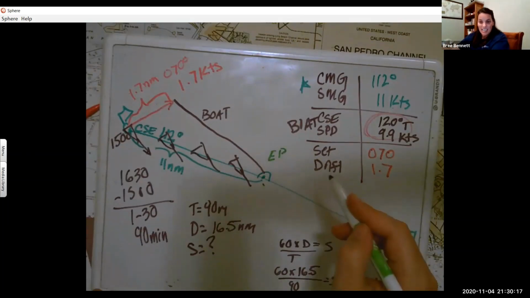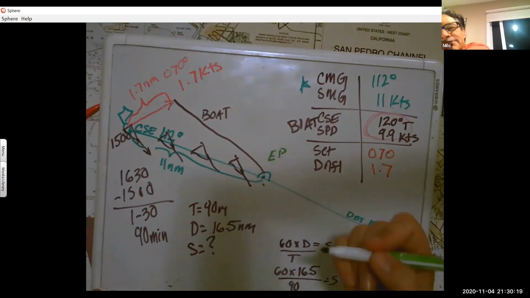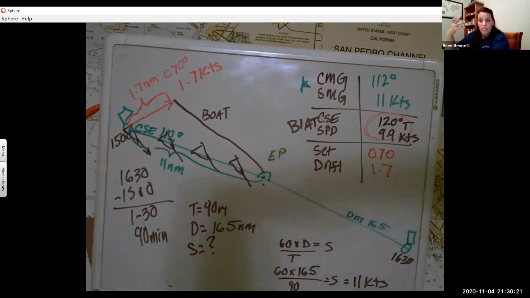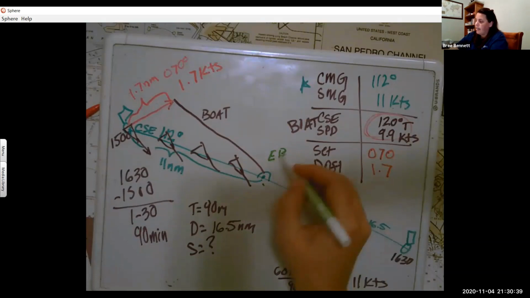Estimated position. Estimated position has that one more piece of information, maybe one LOP or set and drift. Where if you have two pieces of information, that equals a fix. If you have two LOPs, etc., that's a fix.